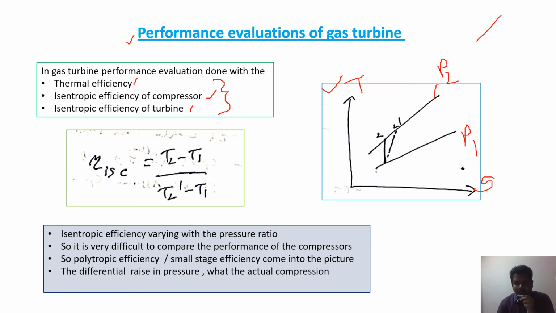Actually these two are like divergent type, because the pressure ratios at compressor and pressure ratios at turbine are different. So the pressure lines are divergent, not parallel.